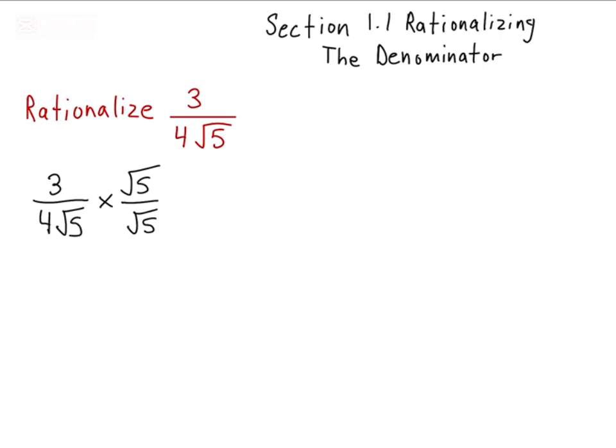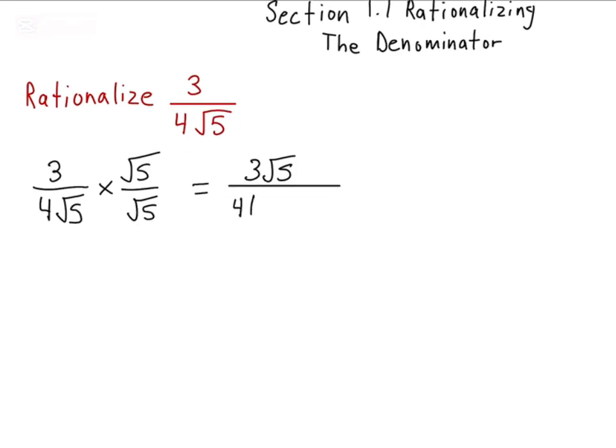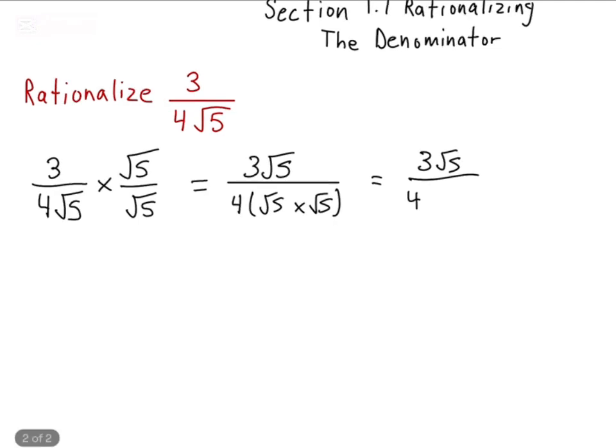So now we're given in the top 3 root 5 over 4 root 5 times root 5. So it equals 3 root 5 over 4 times root 5 squared.